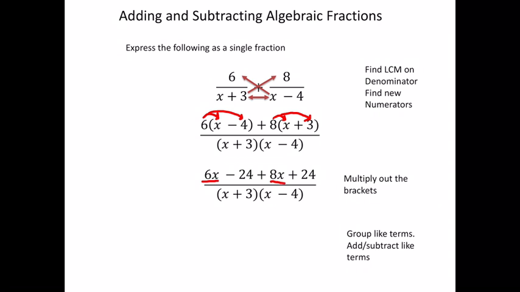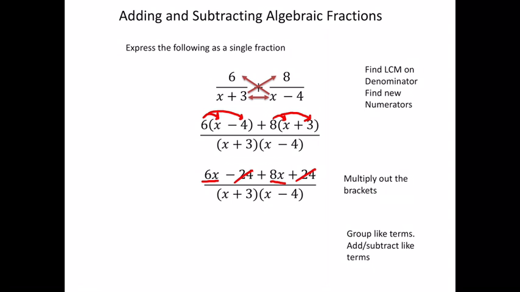And from here, we're going to simplify the top by grouping together our like terms. 6x plus 8x gives us 14x, minus 24 plus 24 cancel out. That leaves us with 14x all over our bottom of x plus 3 times x minus 4.